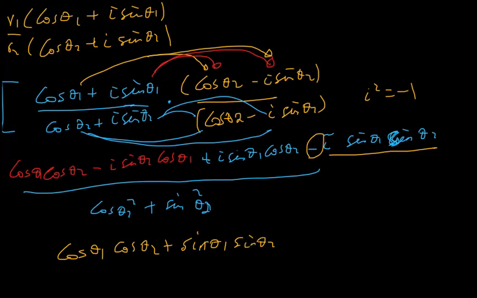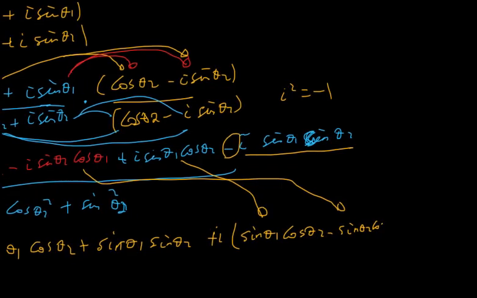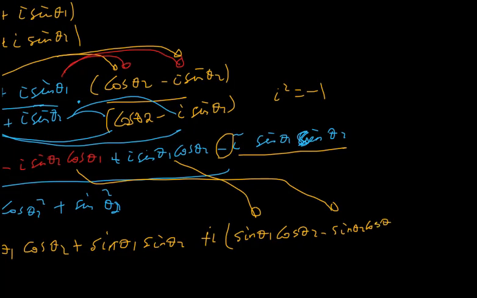And now let's combine these two again, minus, take i in common, so you will have sine theta 1 times cosine of theta 2, minus sine theta 2 times cosine of theta 1.